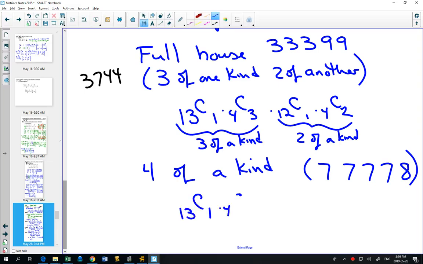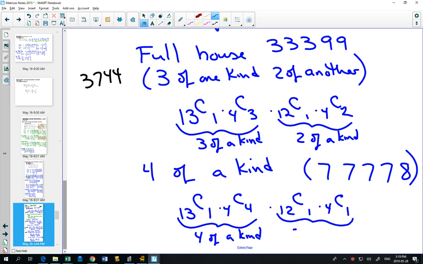There are 4 cards. You need to choose all 4 of them. And then you need to have one other card. Again, you could do this as 12 choose 1 and 4 choose 1. Or you could have just done, there's 48 cards left. I need to choose one other one to go with my 4 of a kind.